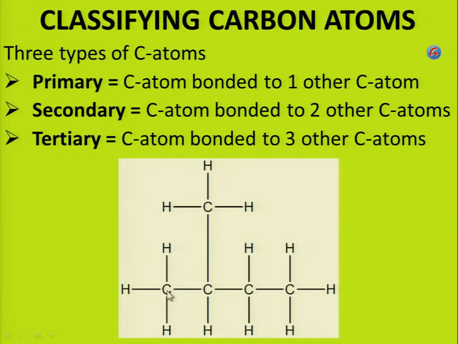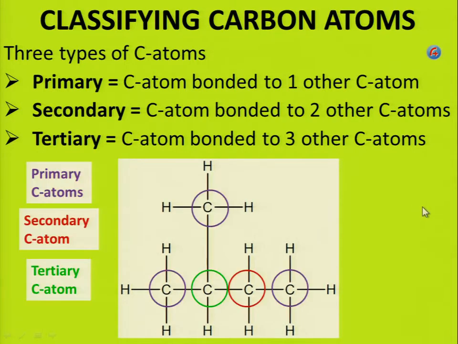It is bonded to 1, 2, 3 other carbon atoms. So primary carbon atoms are bonded to 1 other carbon atom. Secondary carbon atoms are bonded to 2 other carbon atoms. And a tertiary carbon atom is bonded to 1, 2, 3 other carbon atoms.